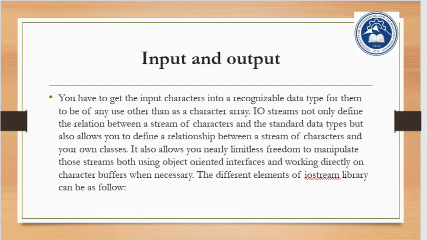IO streams not only define the relation between a stream of characters and the standard data type, but also allow you to define a relationship between a stream of characters and your own class. If you have built a class and then you have mentioned some variables or characters, they are talking about that.